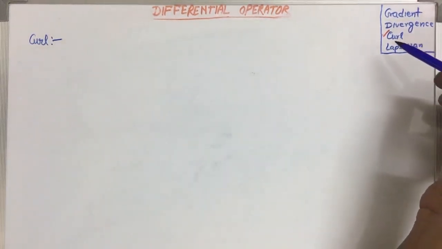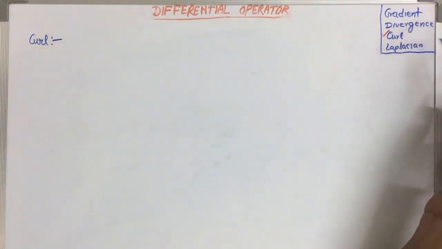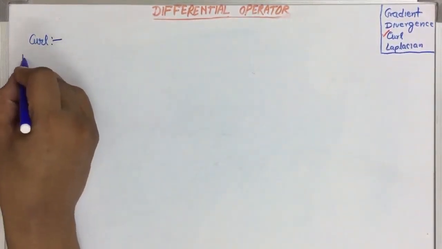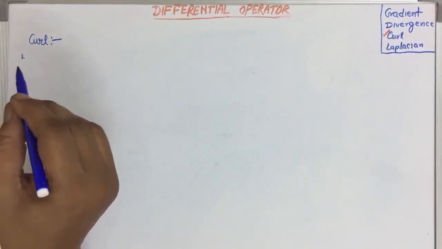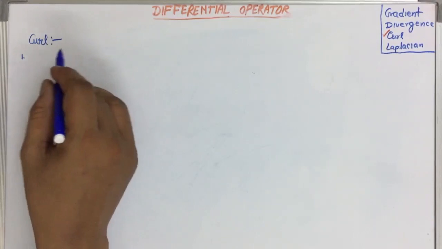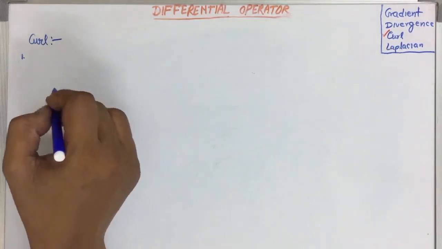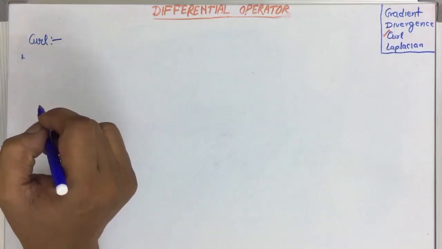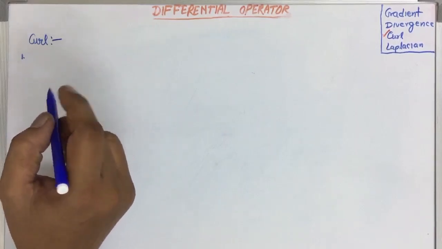Now the third differential operator is curl. So regarding curl, one point we can write: it measures how much any field curls or rotates about any point. So just note down this point, then we will try to understand exactly what it means.